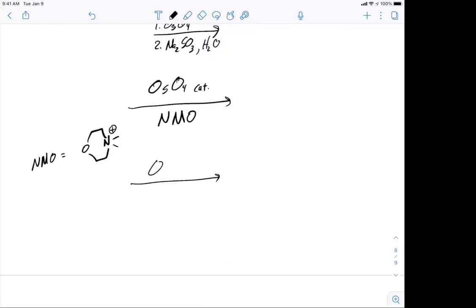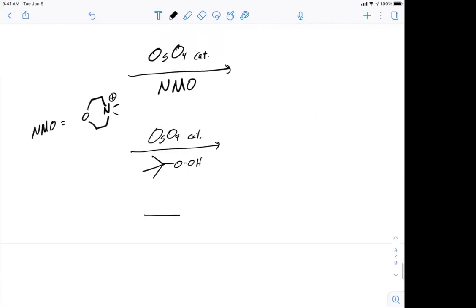We can also do this with osmium tetroxide and something like a peroxide, right? So here is the peroxide, right? And then the other one I showed you, which is the KMnO4 in base.